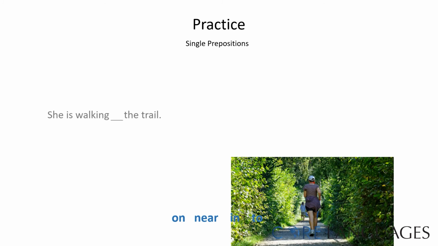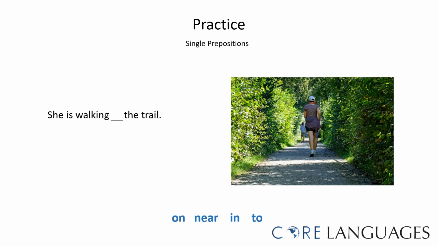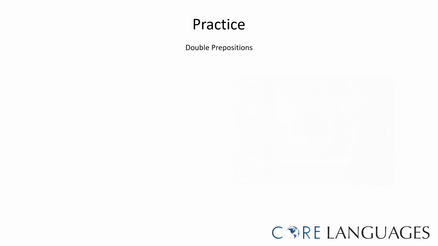And how about this sentence? She is walking on the trail, near the trail, in the trail, or to the trail. Look at the picture and try to choose the correct preposition based on context. The correct preposition would be she is walking on the trail. And how about this sentence? Choose the correct double preposition.